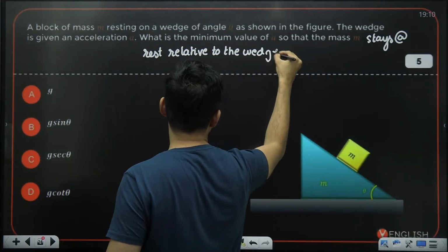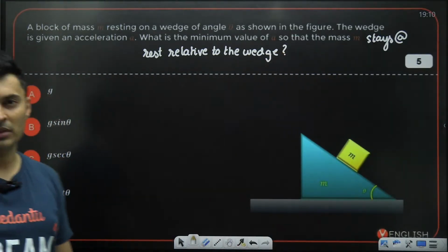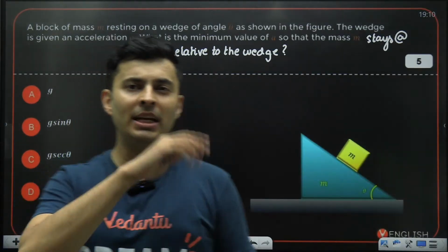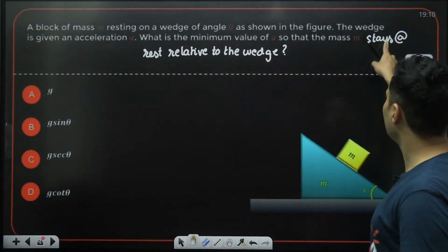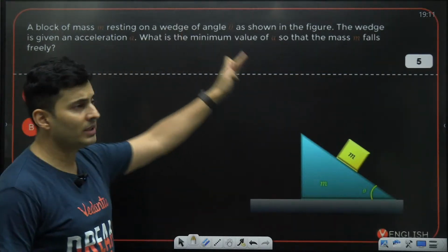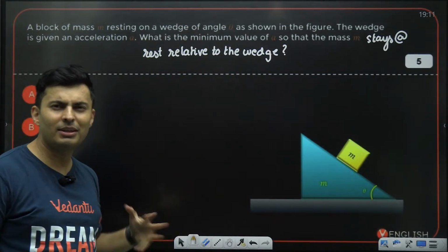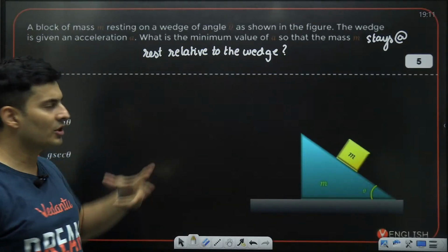Both these kinds of questions can be made on this. Now let me tell you, this question, stays at rest relative to the wedge, is very simple, whereas this one, so that this mass m falls freely, is the trickier one. Let's do this one so that you get an idea of it, and then I can show you the other one as well.